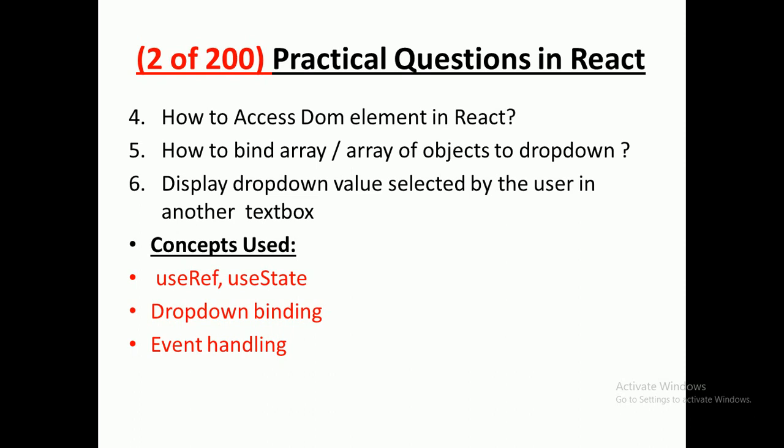It can be either dynamic data coming from the API, or static data which you write in your component file. The third one is to display the dropdown value selected by the user in another text box. We are going to use state and some other features in the functional component to implement this functionality.